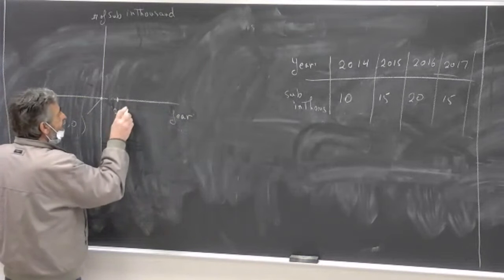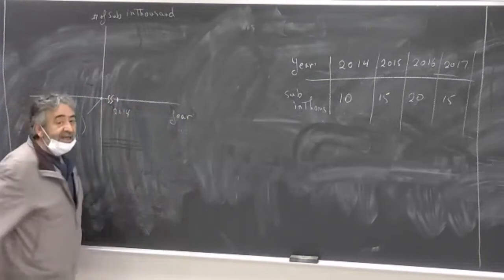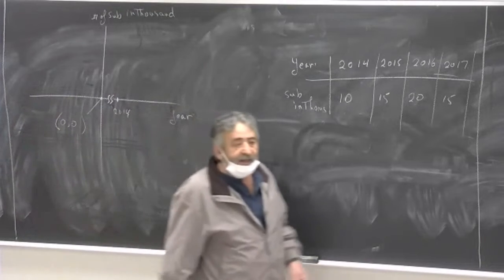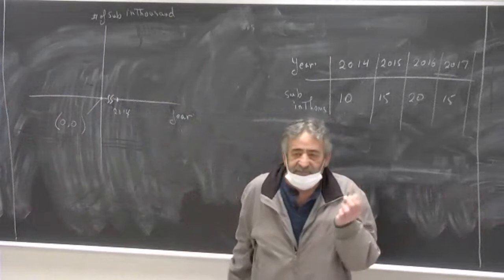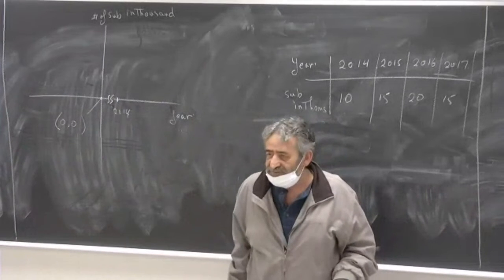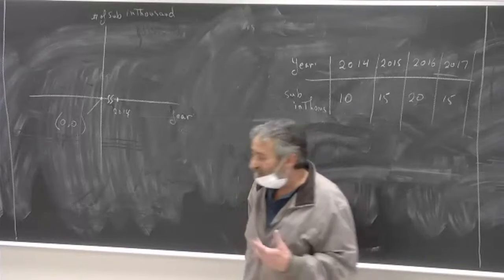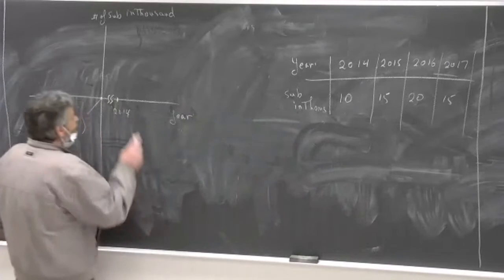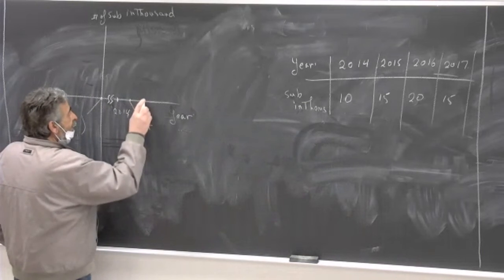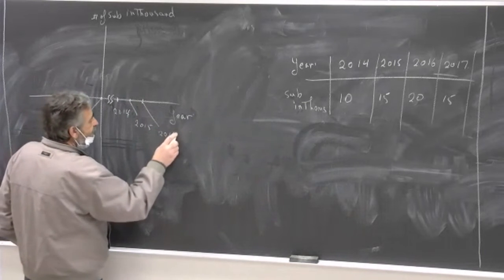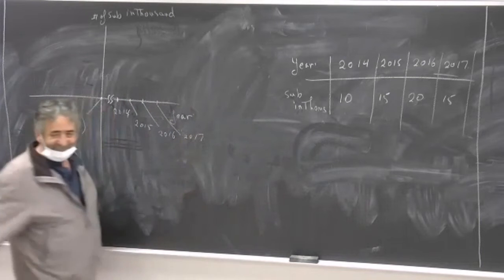So I can say, well, this is 2014, yes? But then I made a cut here. Another way, this portion of the line, I bend it, cut it, whatever I did, I am not interested in showing it. Why? Because there is no information there. Yeah? So now I can go 2015, 2016, 2017.